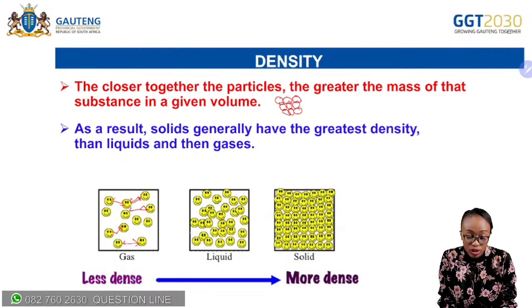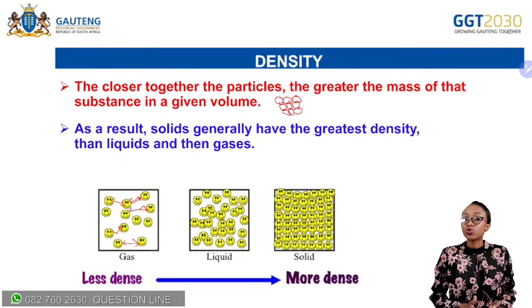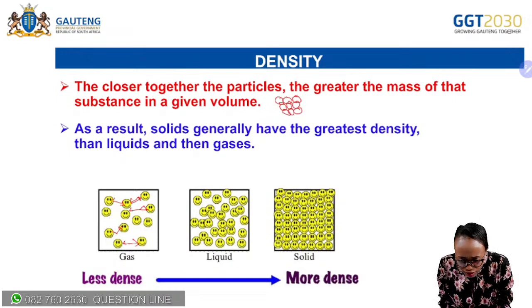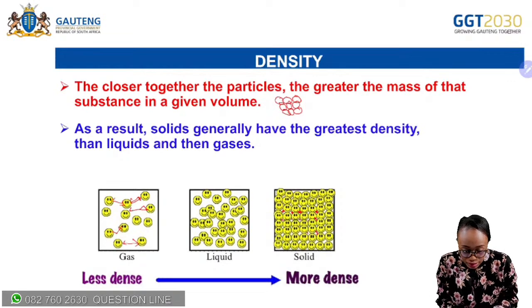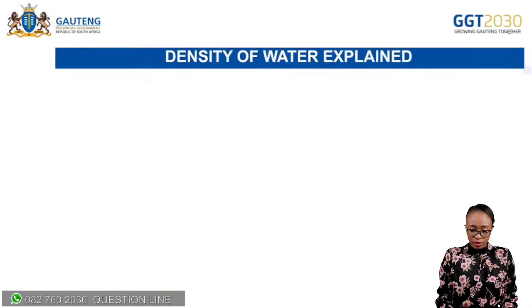When we go to the liquid, the spaces are still there, but the spaces are smaller in comparison with the spaces between the gas particles. And then when we move on to the solid, there's very small space. I'm just going to draw some red dots just to show you how small the spaces are between the solid particles.